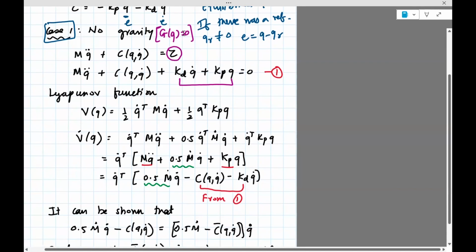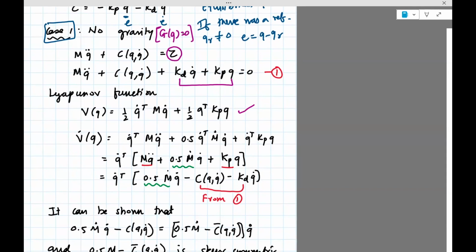Okay, so then for the Lyapunov function, we do the same thing. We assume it to be the potential energy and then the kinetic energy. We take the derivative with respect to time. This is just a mathematical manipulation.